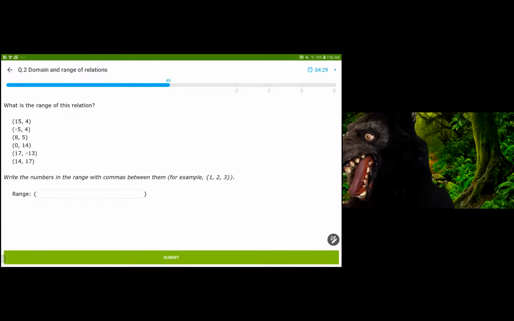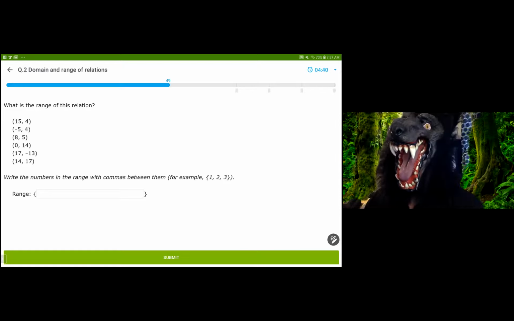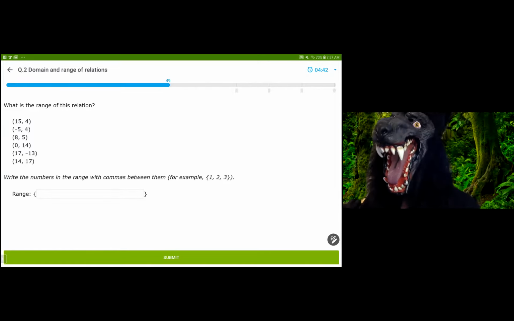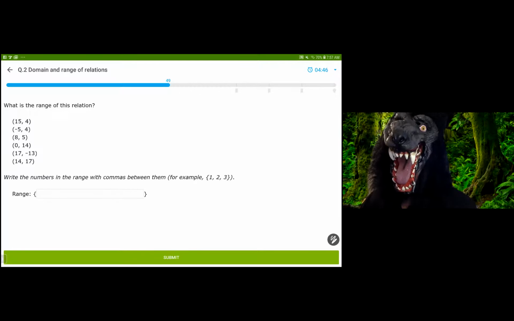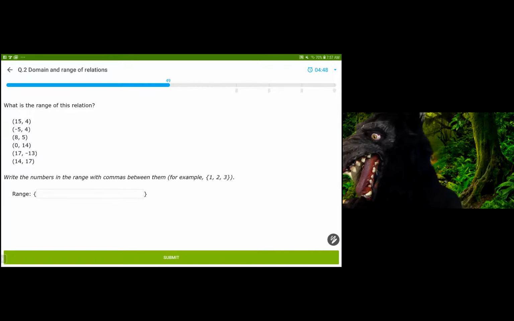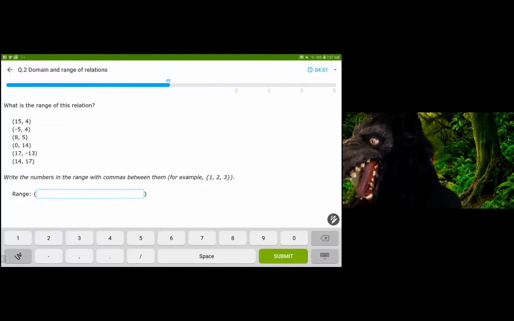Another one? Okay. This one is also a function. Even though I have two y values that are the same, that's okay. In fact, if all your y values are the same, you still have a function. It's called a constant function. So anyway, here we go. We've got a 4. Actually, we've got two of them.